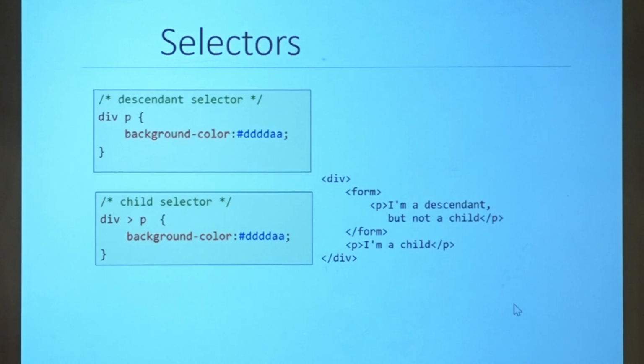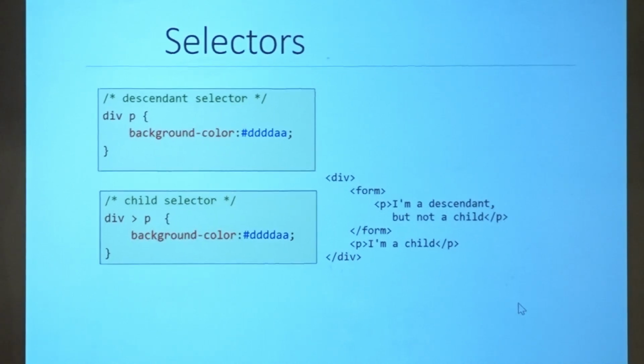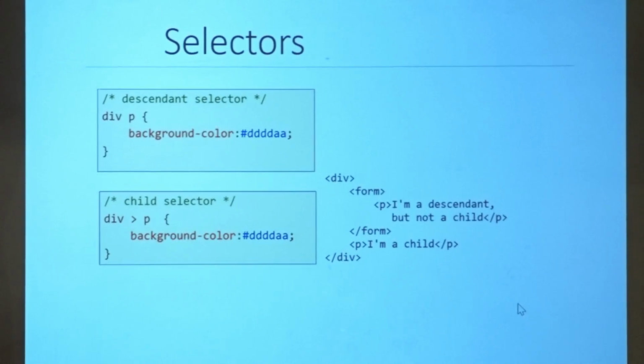So you see the div and paragraph tag is a descendant selector. Div and greater than P is a child selector. Your great grandchild or grandchild would be your descendant. Child is your direct, your own.